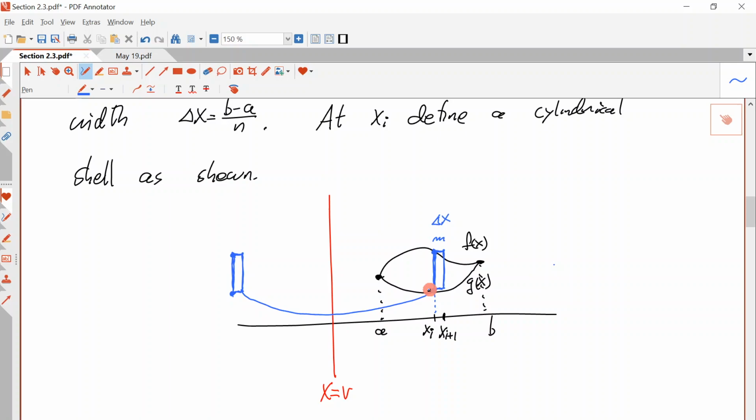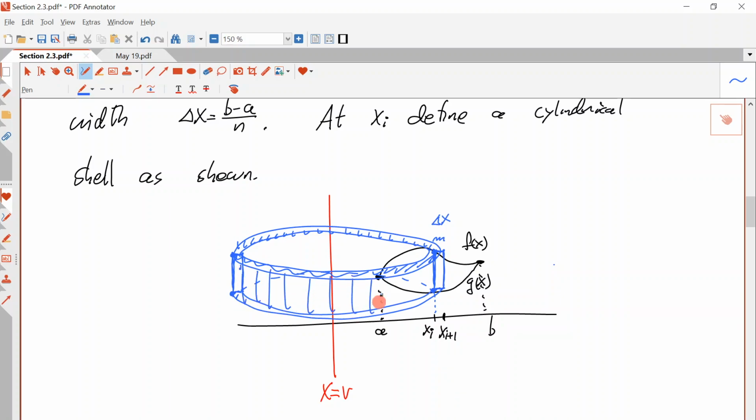The shape that you get is this cylindrical shell. The thickness of that shell along the top is delta x.